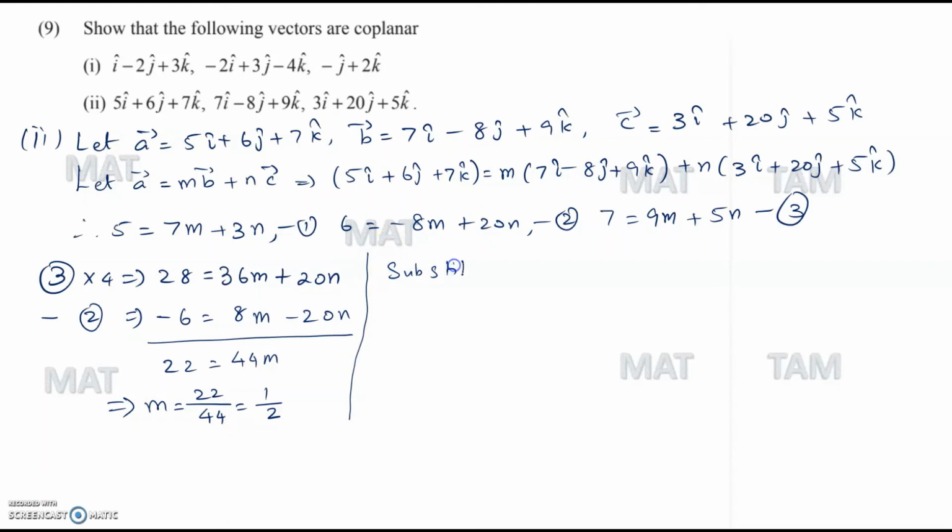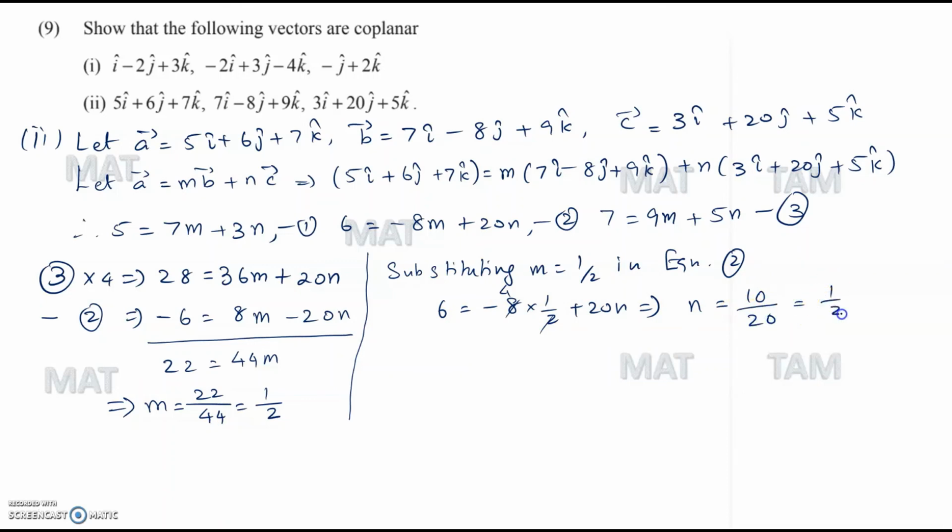Substituting m equal to 1 by 2 in equation 2, we get 6 is equal to minus 8 into 1 by 2 plus 20n, which is minus 4 plus 20n. Moving the minus 4 to the other side, it becomes plus, so n is 10 divided by 20, that is 1 by 2.